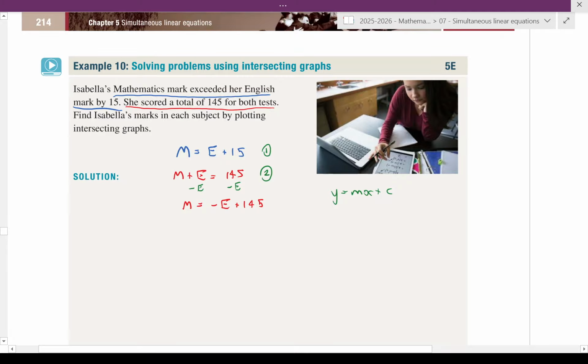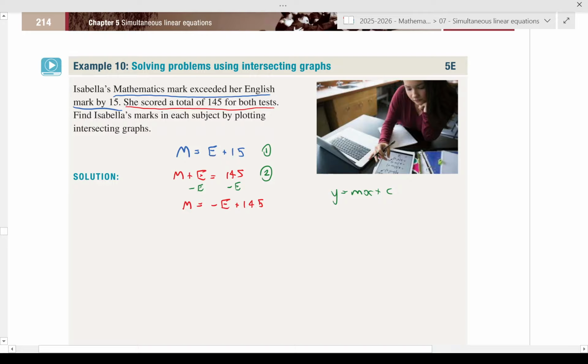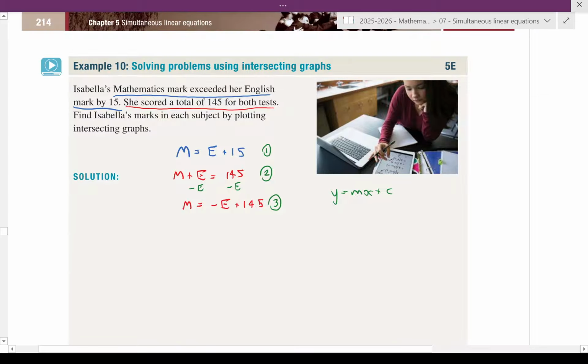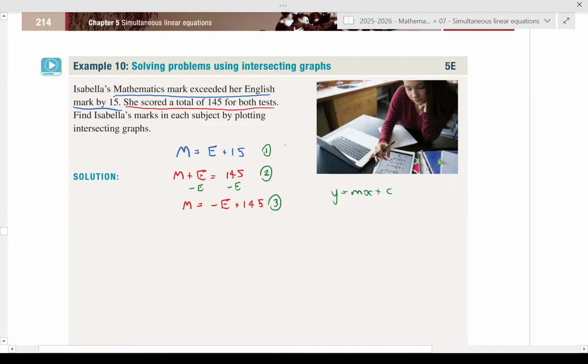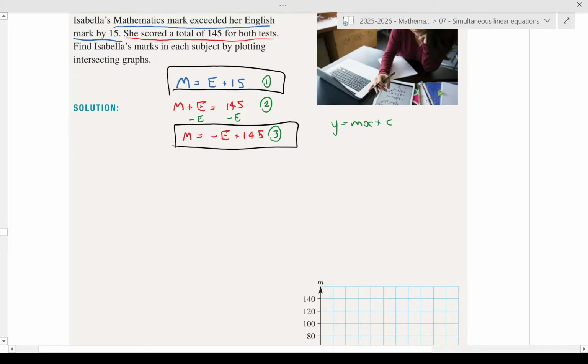It's now in the form of Y equals mx plus b. I'm going to call that number 3. Now, we could solve them simultaneously using substitution, using elimination, but we don't need to. What we're actually going to do is graph them, and I'm going to graph that one, and I'm going to graph that one, because that is just a rearrangement of number 2. So I'm going to graph number 1 and number 3.